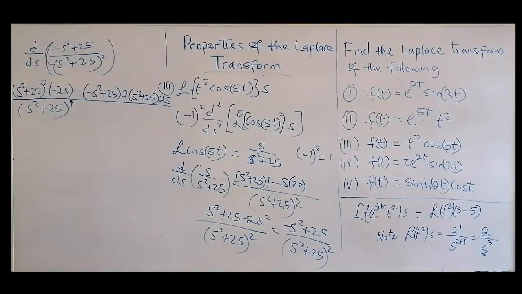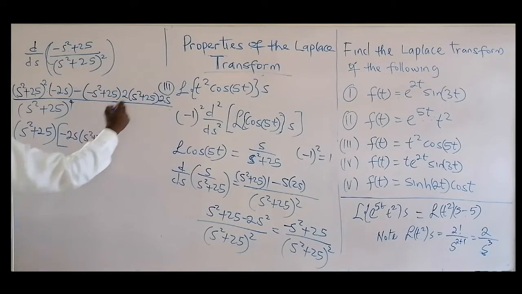Okay, so that's that. The only thing is just for you to do the algebra. If you want to do the algebra, we can look at it here. s squared plus 25 is common in both terms. We can take it out. If you take it out, it remains 1 here, so that's minus 2s into bracket s squared plus 25.